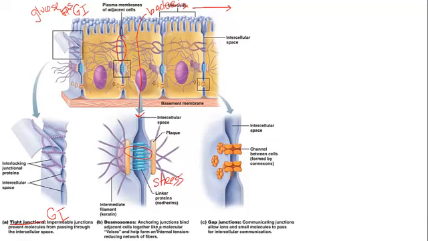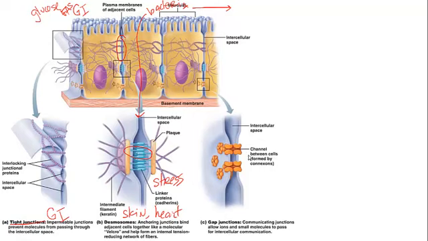So areas that are going to undergo a lot of this stress and where cells could potentially be ripped apart if we don't have these desmosomes present. So the two best examples in the body would be in the epithelium in the skin and also in the heart. So even though the heart may contract very forcefully, depending on our activities, those cells are not going to rip apart. And the third one is the gap junction.